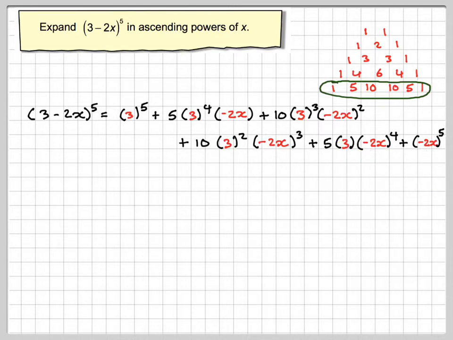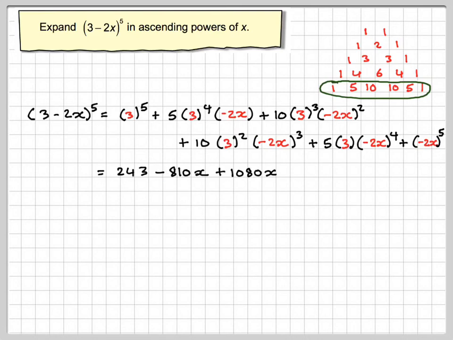The final step would be to take your calculator out and just work them out, writing them with brackets, or just write the brackets on your calculator. So we're going to have 243 minus 810, so that's 5 times 3 to the 4 times minus 2, so the term is negative.